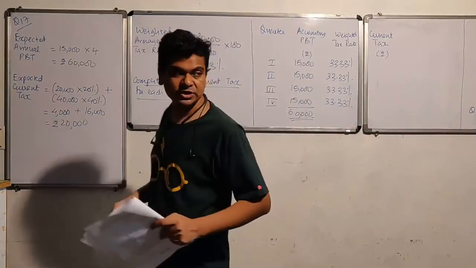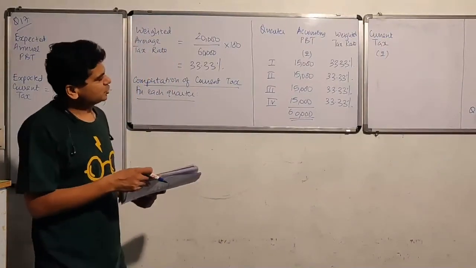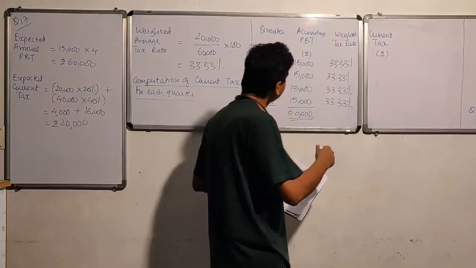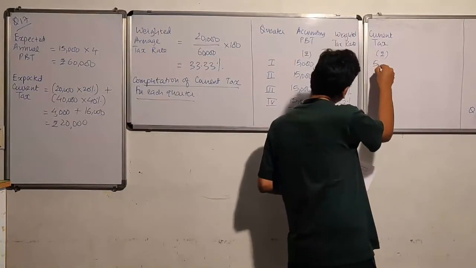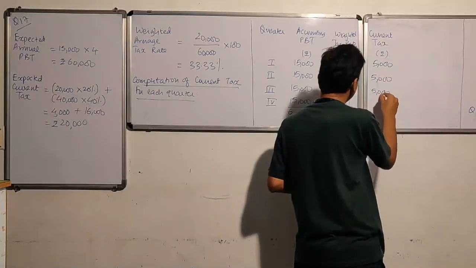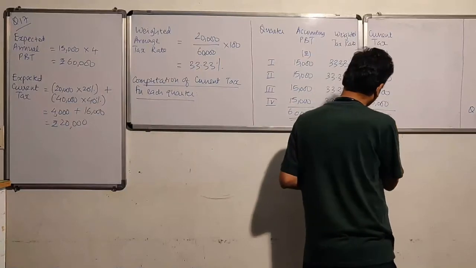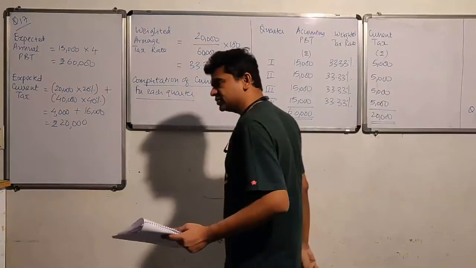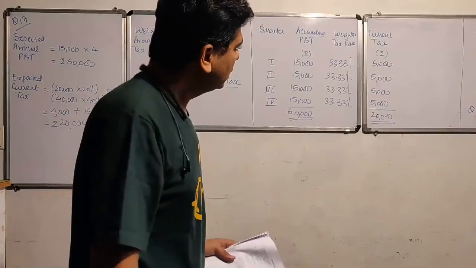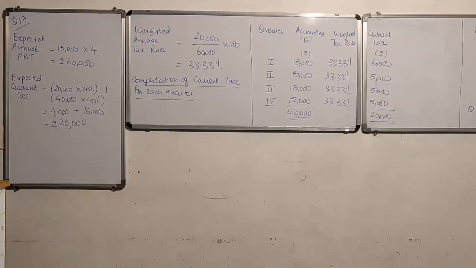So 15,000 I will multiply by 33.33%. 33.33% is actually nothing but 1 by 3. So 15,000 divided by 3, it turns out to be 5,000. So this is the current tax for each of the quarters. If you're still writing, you may just pause the video and complete it.